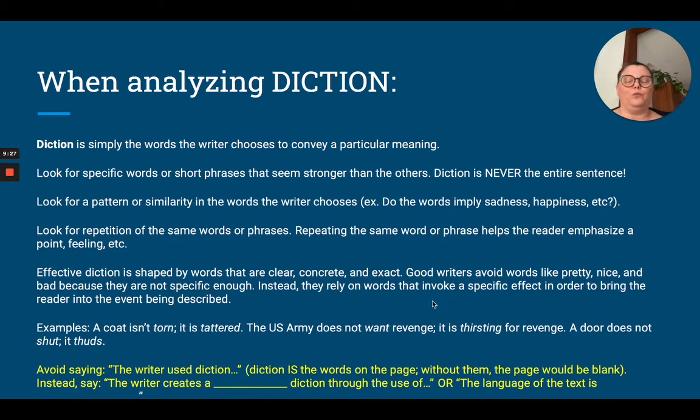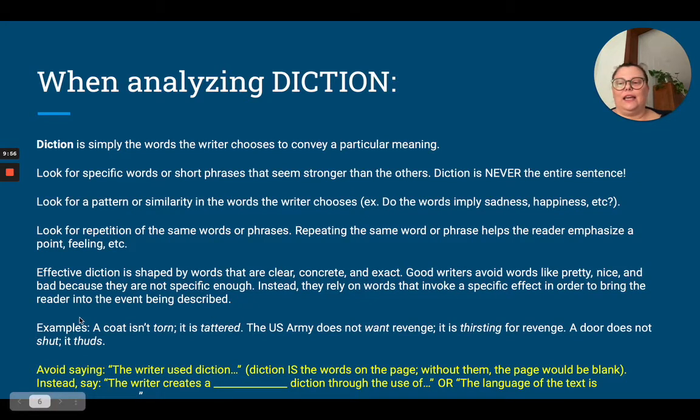Instead, they rely on words that invoke a specific effect in order to bring the reader into the event being described. So think of, ain't I a woman? We have the repetition of the phrase, ain't I a woman? And then she uses a lot of words that point out how bad her situation was, and that helps set the tone.